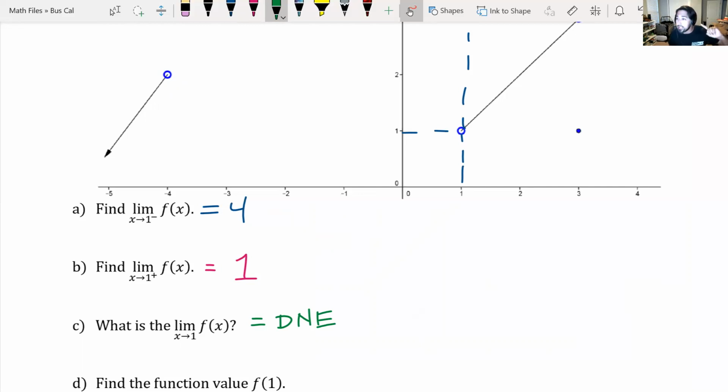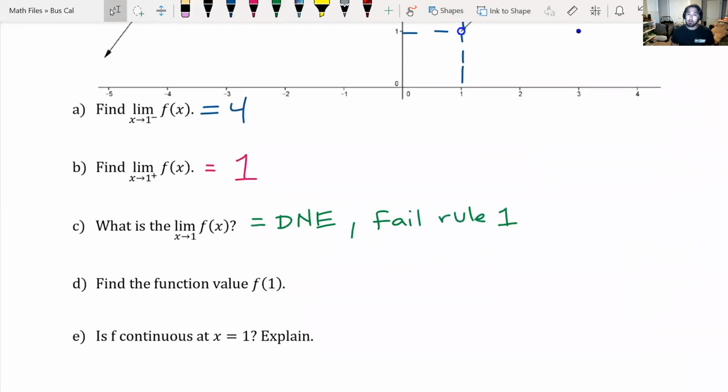So since the limit does not exist at 1 from both sides, this would fail rule 1, making it discontinuous at 1. Okay. So, and we'll put that on E when we get there.